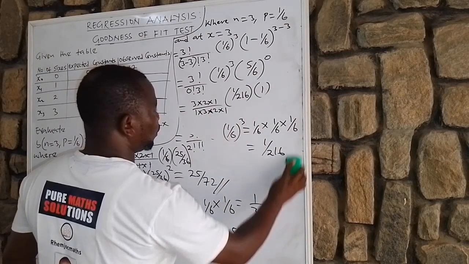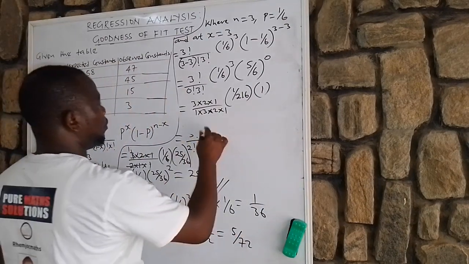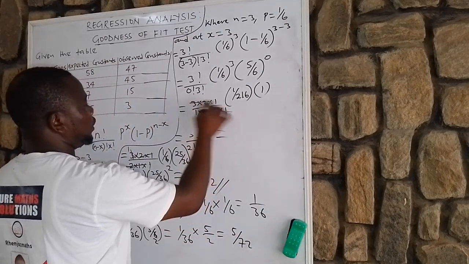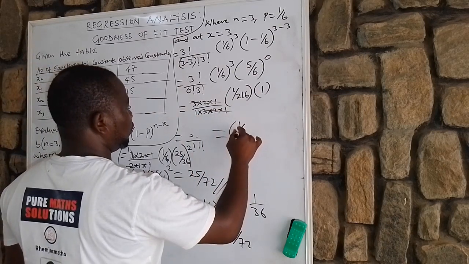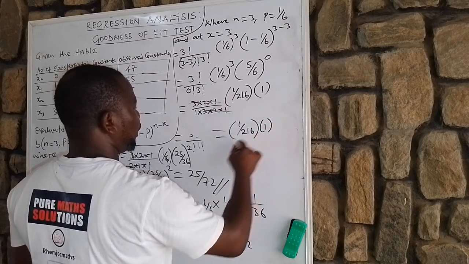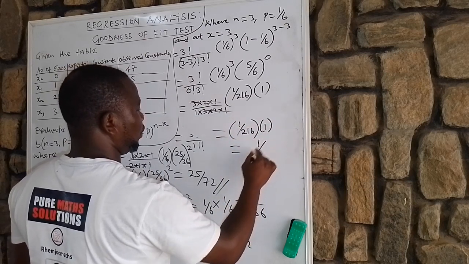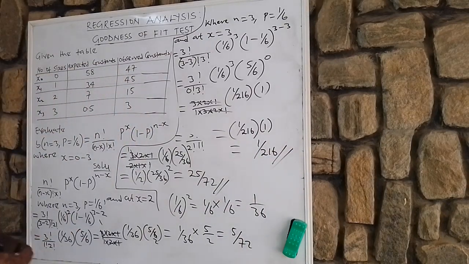So this and this will go 1 divided by 1, 1. This is 1 all over 216 times 1, which is the same thing as 1 all over 216. This is how you are going to use this formula to obtain your x naught to x3.